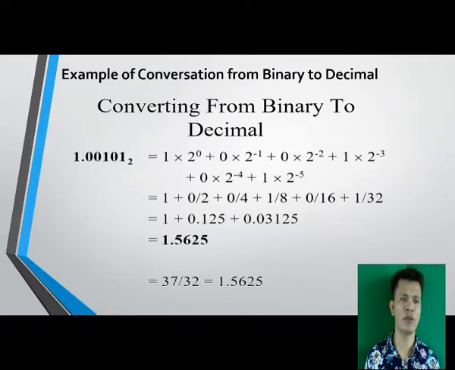To give you an example of conversion from binary to decimal, 1.00101 base 2 is equal to 1 times 2 to the 0 plus 0 times 2 to the negative 1 plus 0 times 2 to the negative 2 plus 1 times 2 to the negative 3 plus 0 times 2 to the negative 4 plus 1 times 2 to the negative 5, which is equal to 1 plus 0 over 2 plus 0 over 4 plus 1 over 8 plus 0 over 16 plus 1 over 32, which is equal to 1 plus 0.125 plus 0.03125, which is equal to 1.15625.